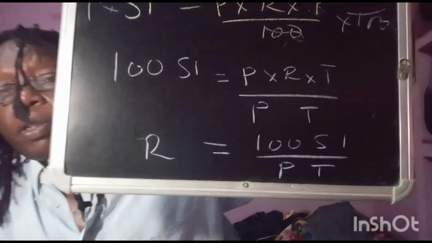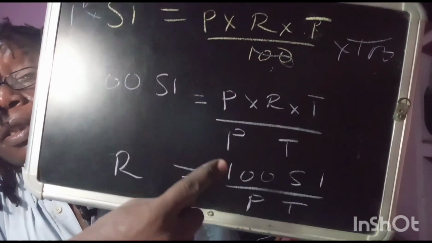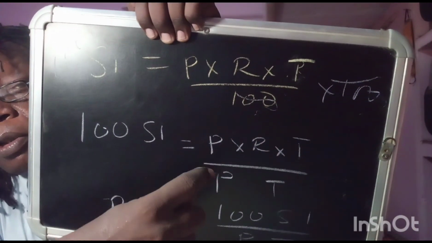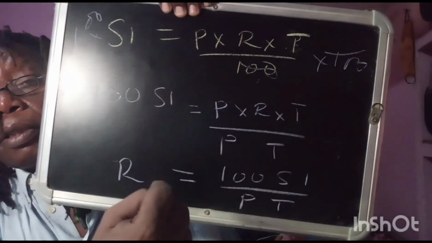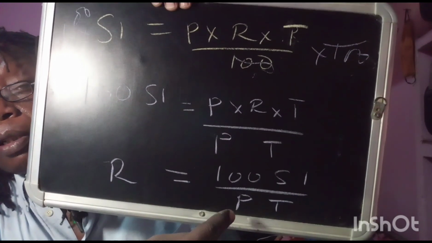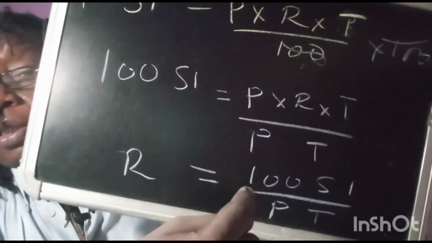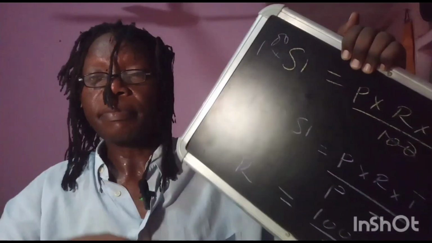Now we have managed to isolate R. We divided by principal and time, so this will cross and that will cross, and we are left only with rate. Rate is 100 times simple interest over principal times time. Now what you need to do at this stage is just plug in the figures and you get the answer.